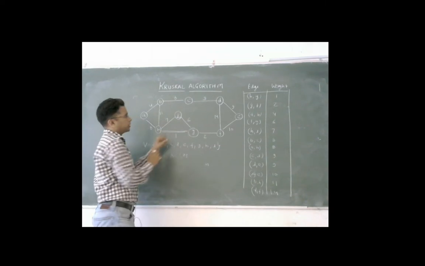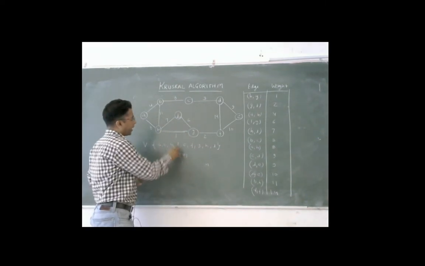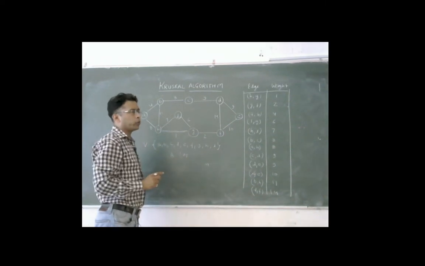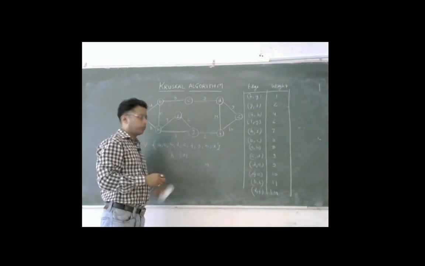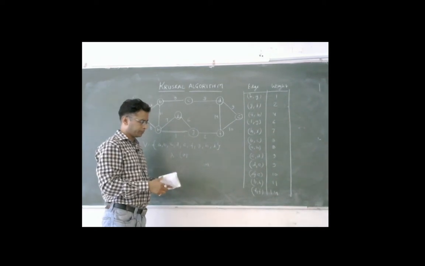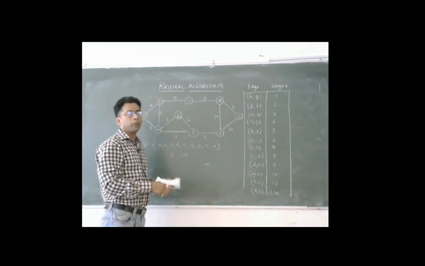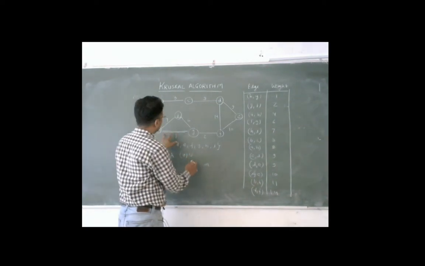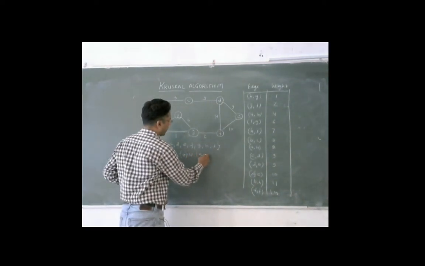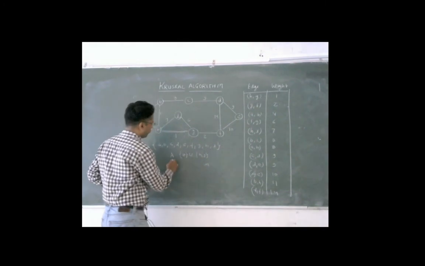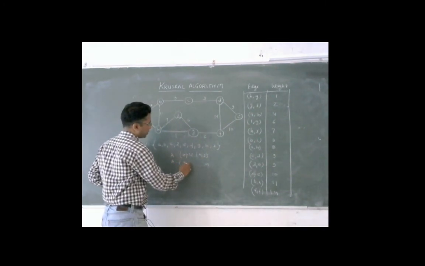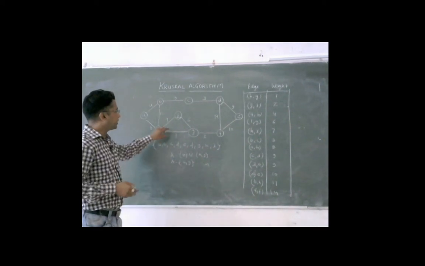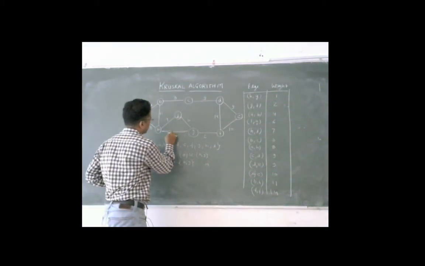This edge is covered. By adding this, the set becomes A union U, V, so I will get the set H, G.